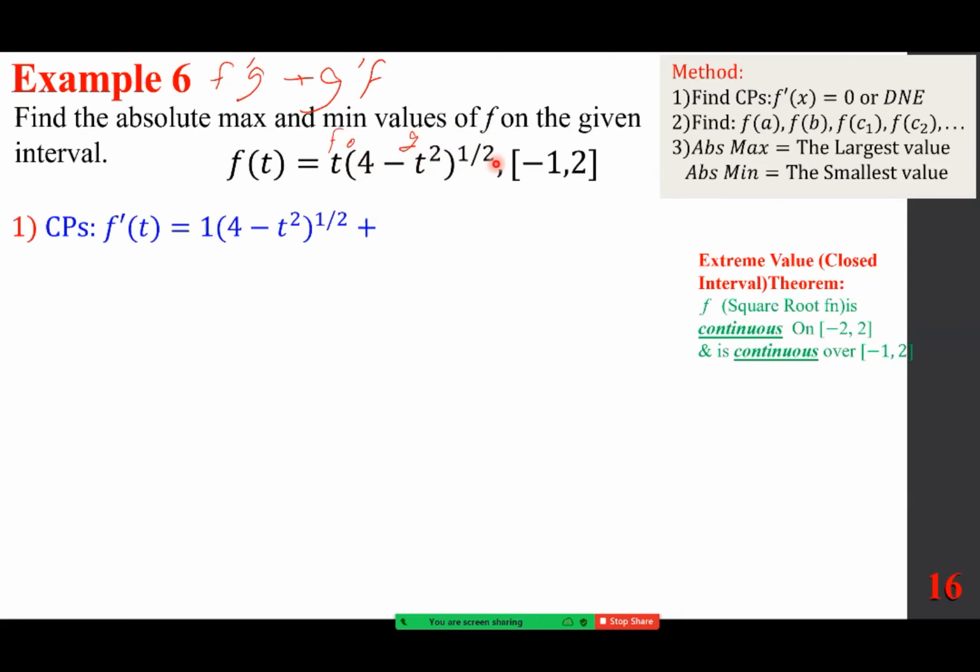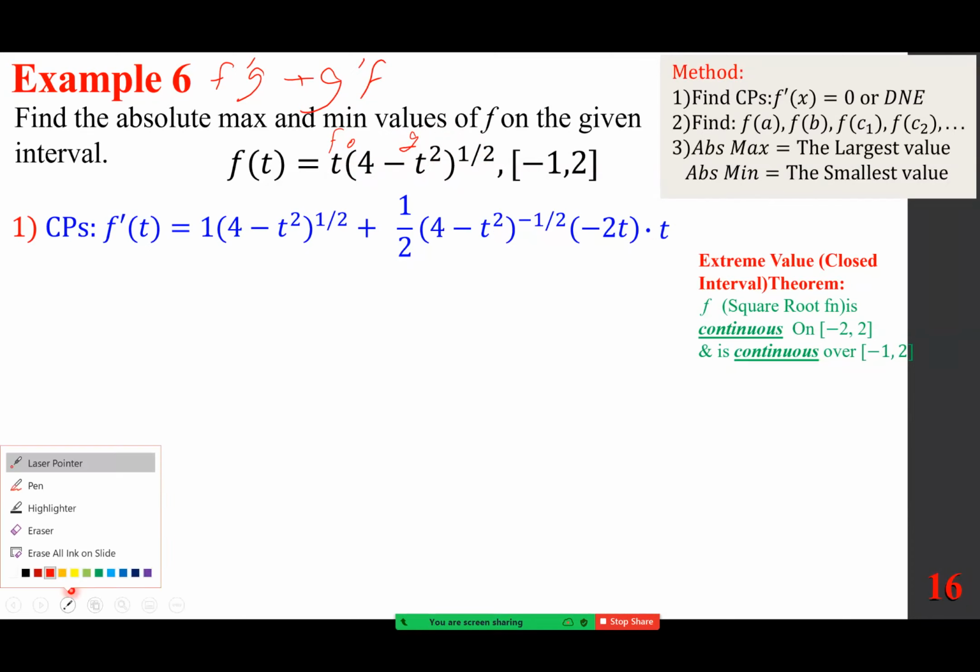So how do we differentiate this? 1/2, the same thing, 4 minus t squared to the power of 1/2 minus 1 or -1/2, times the derivative of the parentheses by the chain rule, which is -2t, and then times f, so times t. If I were to write this, I would write it as follows.